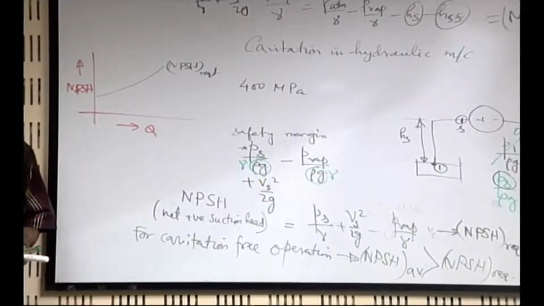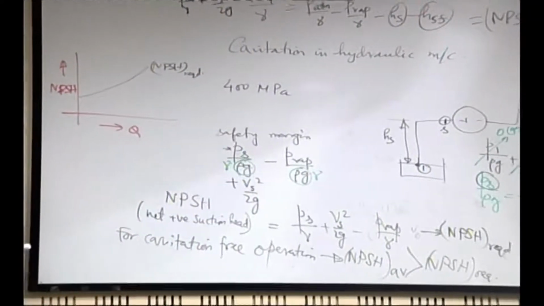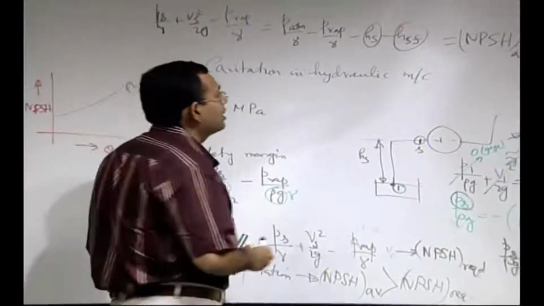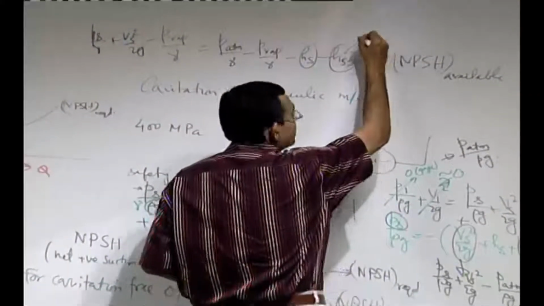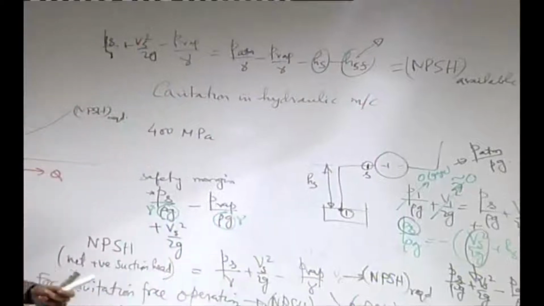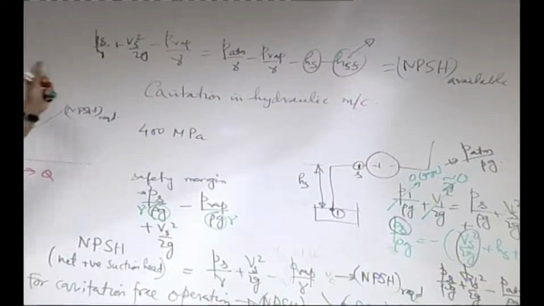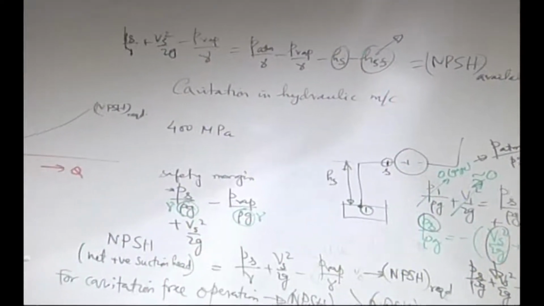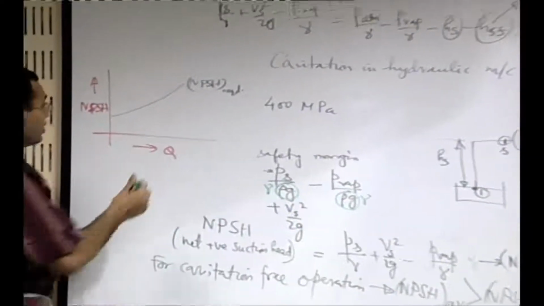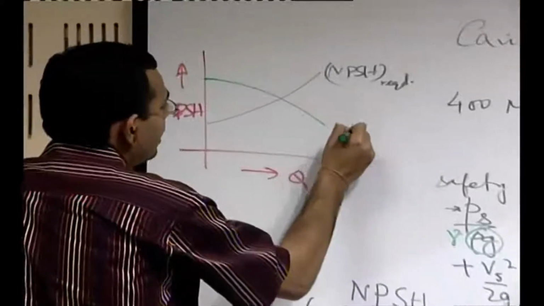NPSH available, will it increase with Q or will it decrease with Q? What is the key here? The key is this head loss term. Head loss will increase with Q and it is a minus of the head loss, therefore NPSH available will decrease with Q. So NPSH available will be somewhat like this.